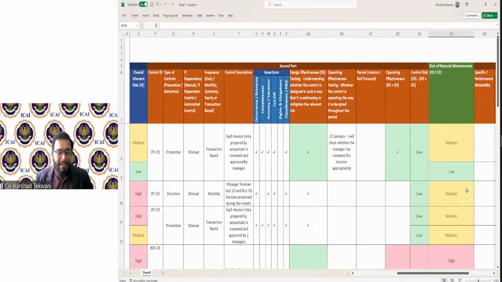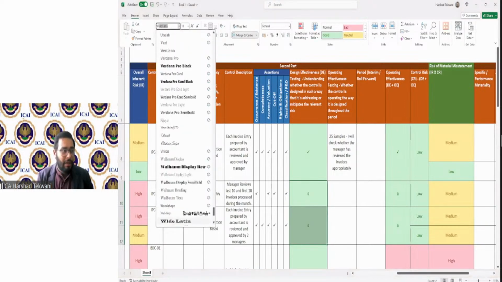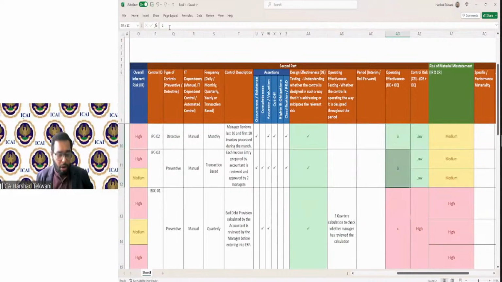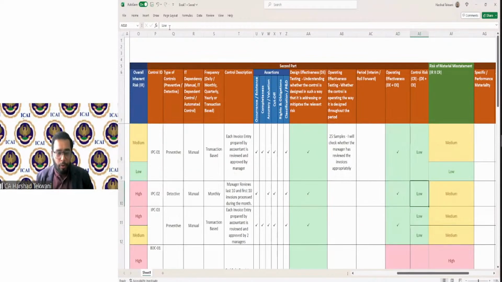Now in this case, let's say control was operating effectively. So design is good, operating effectiveness is good. In that case, I may call it that control is good, operating effectively, design is effective, so I have a low control risk.